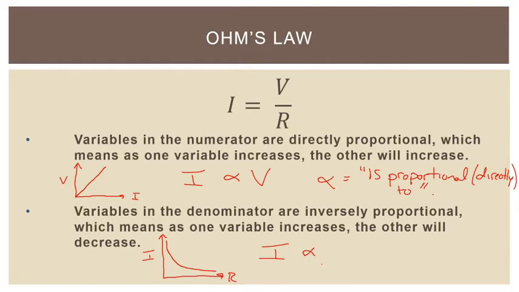We really only have one possibility, and that is to say the current is directly proportional to the inverse of the resistance. And so when we show this like this, that something is directly proportional to 1 over a variable, it means that the first variable is inversely proportional to x.